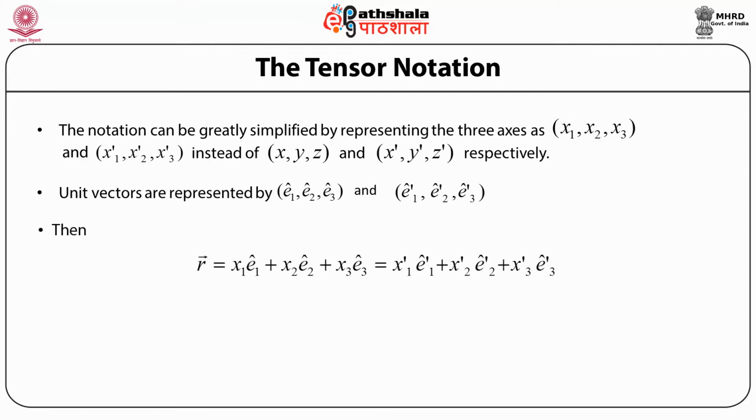Then r vector is equal to x1 E1 cap plus x2 E2 cap plus x3 E3 cap, and it is further equal to x1' E1' cap plus x2' E2' cap plus x3' E3' cap.